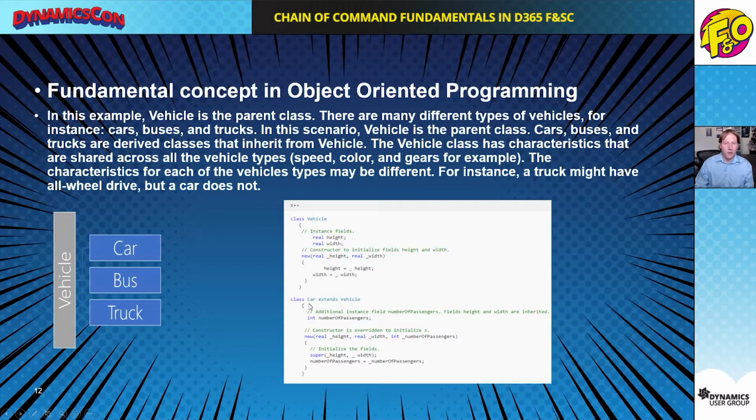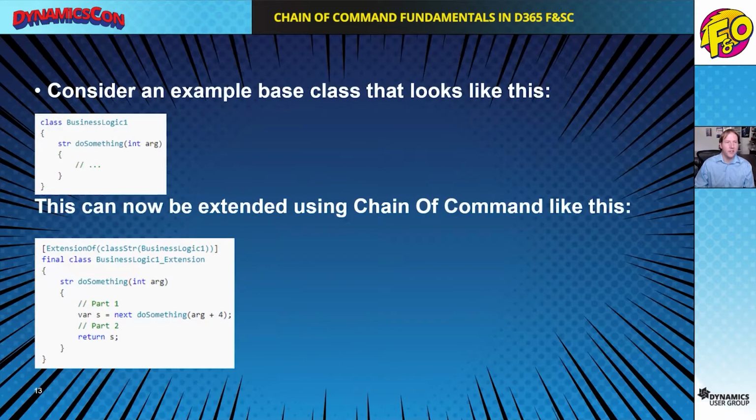We're not doing this as an extension of a base class, but it is similar in that the compiler is going to combine this code underneath the covers to run the end result. So let's consider an example. This is our key example that you're going to find in Microsoft's documentation, and let's really talk through this one, and then we'll get into some other examples in a few minutes.